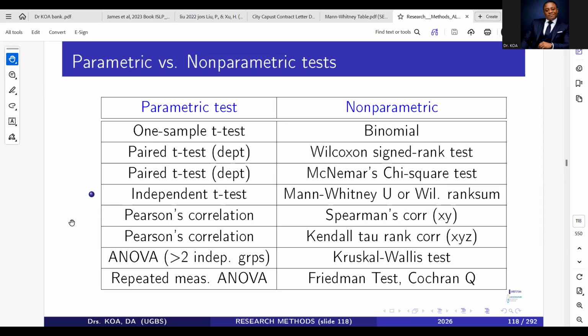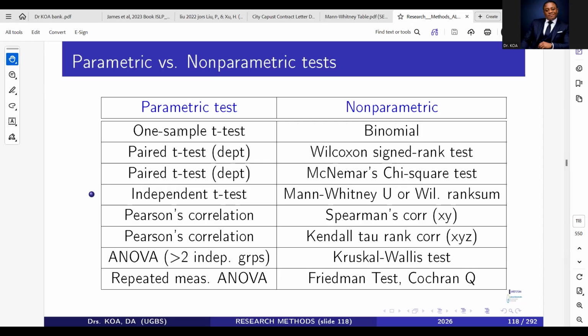The table on your screen indicates the test needed for undertaking parametric tests. The table tells you the steps needed for hypothesis testing, depending on whether the data is normally distributed, parametric, or not normally distributed, non-parametric.